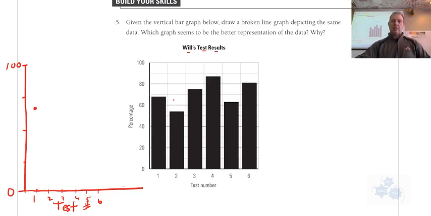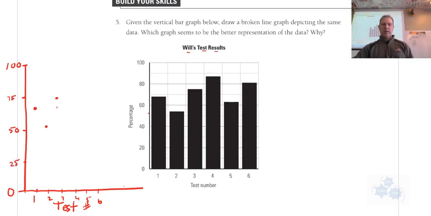Go ahead and we'll just put these points on here. For test 2, this looks to be about 52 maybe. Barely passed that one. Number 3 did a bit better, that looks to be about 75. Notice my little tick marks here are not the same as the other graph, which is okay, as long as it's even.